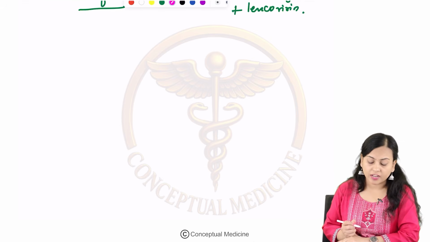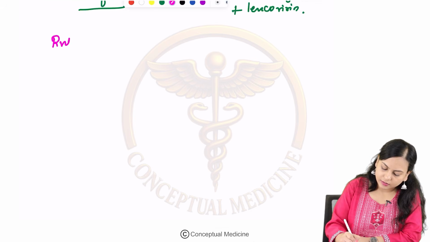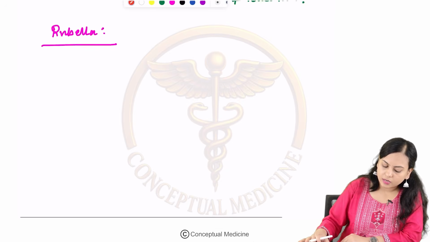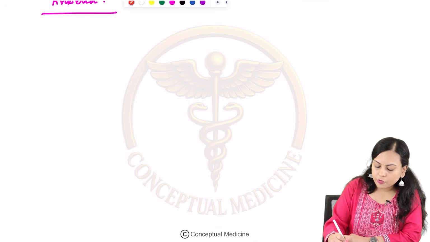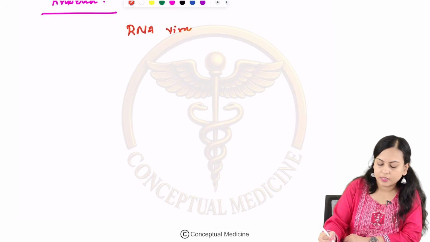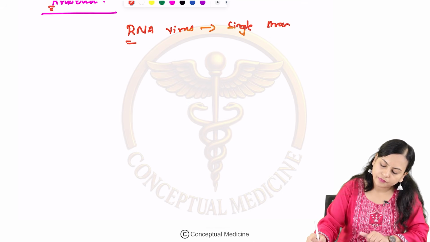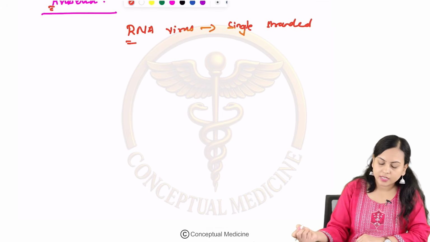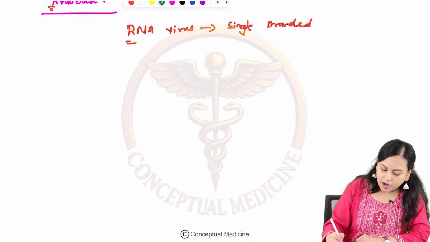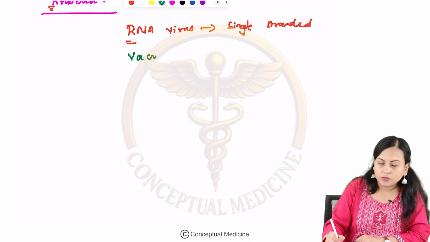Now we will discuss the next infection. Yes, it is rubella. We all know rubella is an RNA virus, a single-stranded RNA virus, and this is also a vaccine-preventable disease.